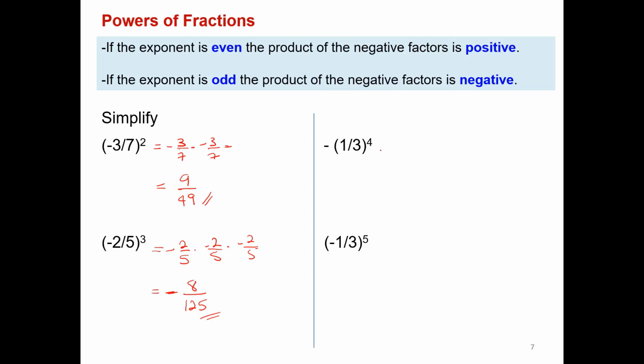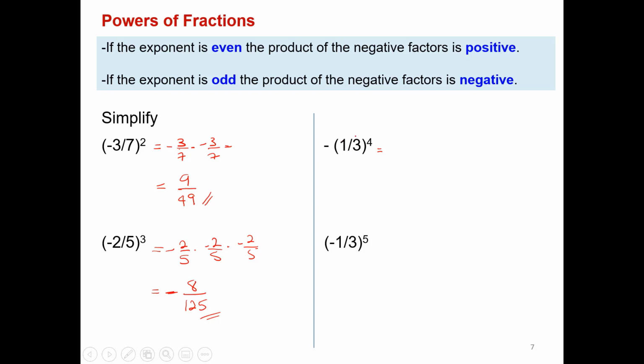Now here we had a special case. The negative sign is outside of the parentheses. The negative sign is not part of the base. Because it's not part of the base, the base is positive.